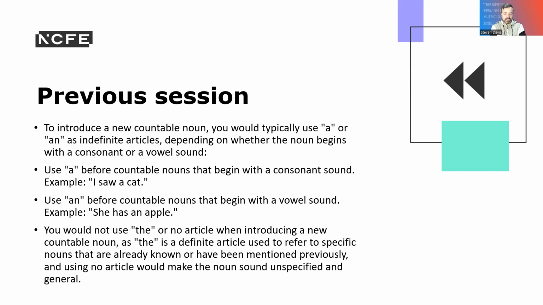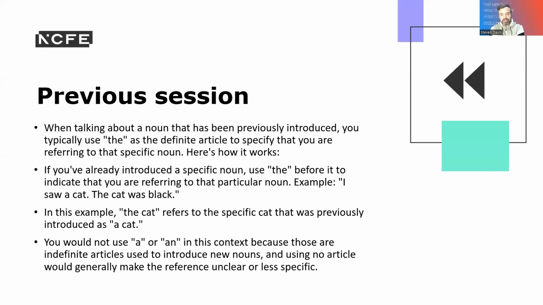For example, she has an apple. We would not use the or no article when introducing a new countable noun, as the is the definite article used to refer to specific nouns that we already know or have mentioned previously, and no article would make the noun sound unspecified and general.